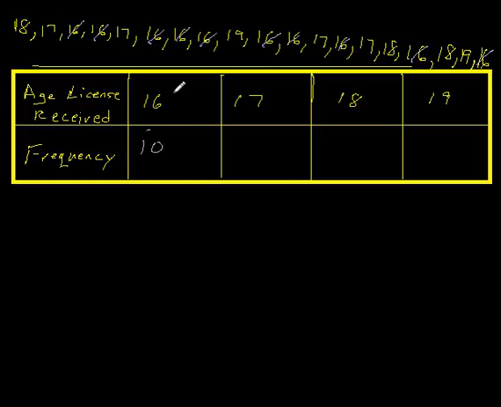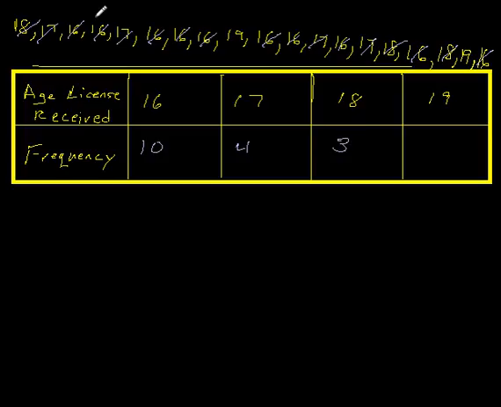Now the next step is to ask how many times 17 occurs. 1, 2, 3, 4. So 4 times, not about, but exactly. Now 18, do the same thing: 1, 2, and 3.